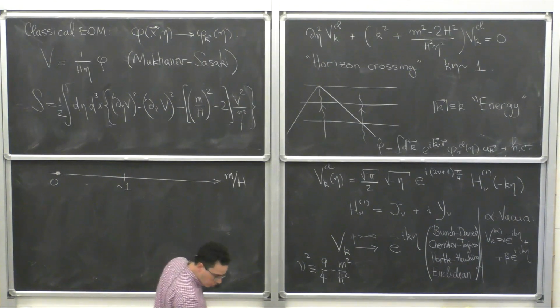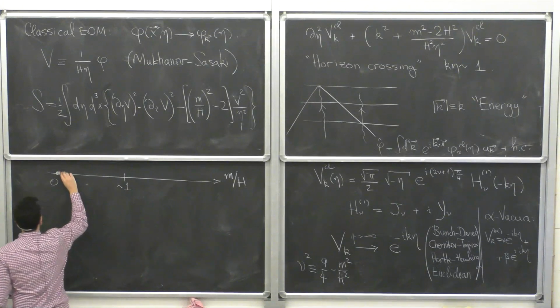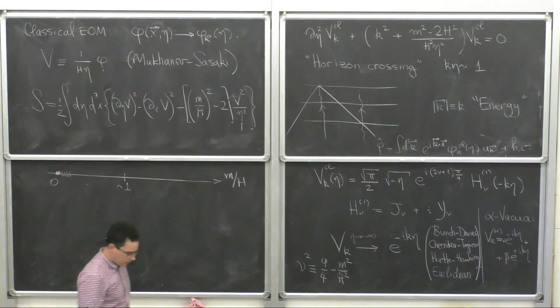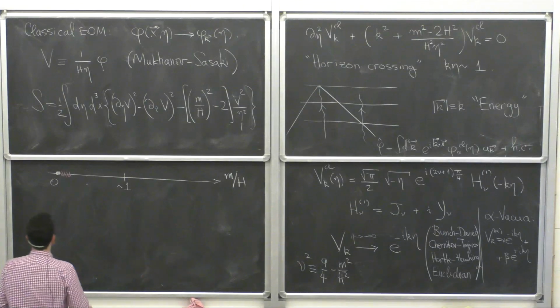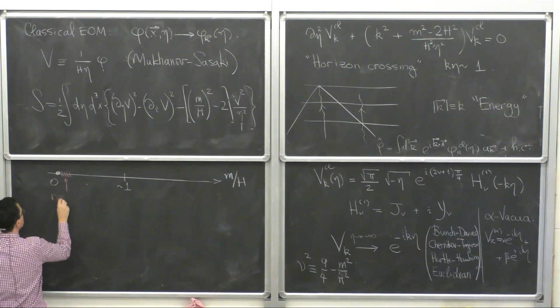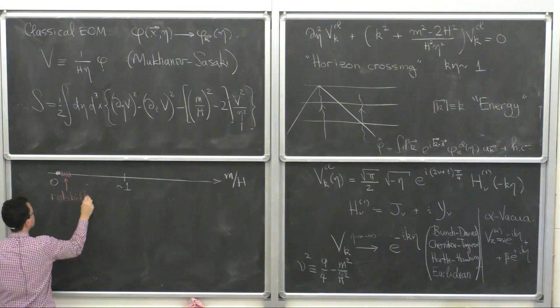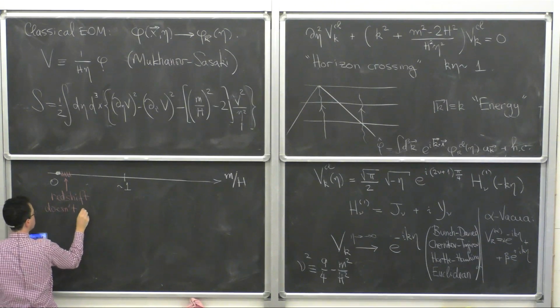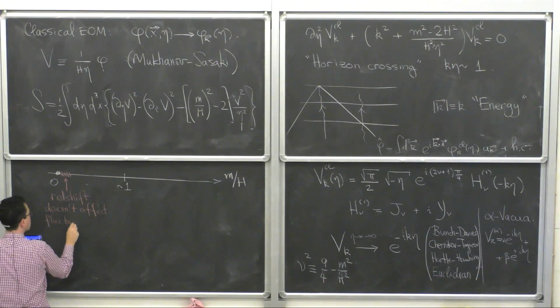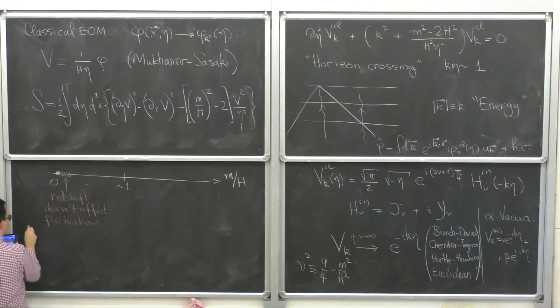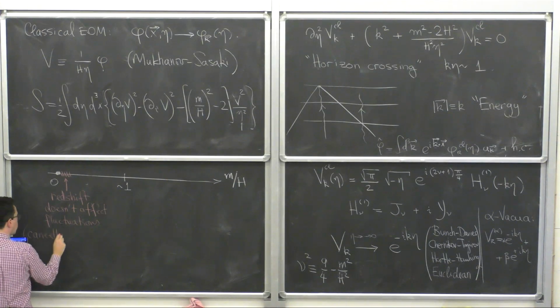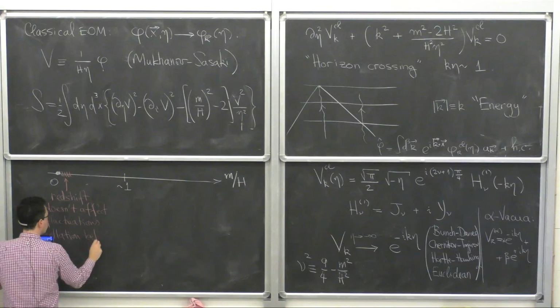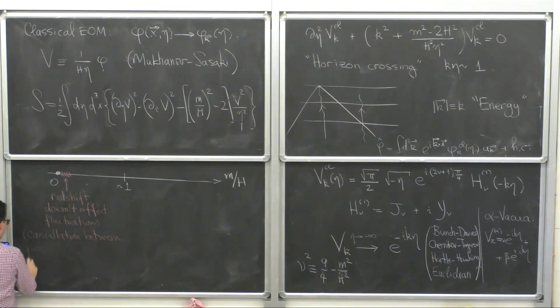Then you should think of this range here: redshift doesn't affect the fluctuations, I'll show you in a second, or there's a cancellation between particle production and dilution.